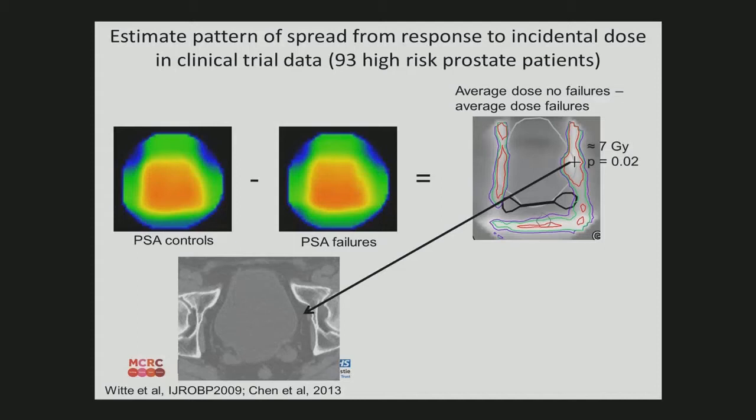So this is the difference of the average dose distributions, where white means that a higher dose leads to control, and black means that a higher dose leads to failure. But you see there's hardly any black. And strangely enough, this region is about 3 centimeters away from the prostate. This is the obturator region, and the prostate is sitting somewhere here.